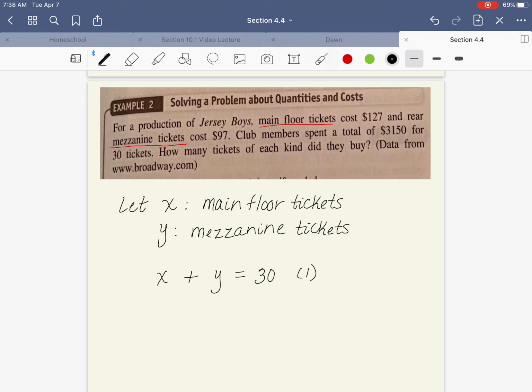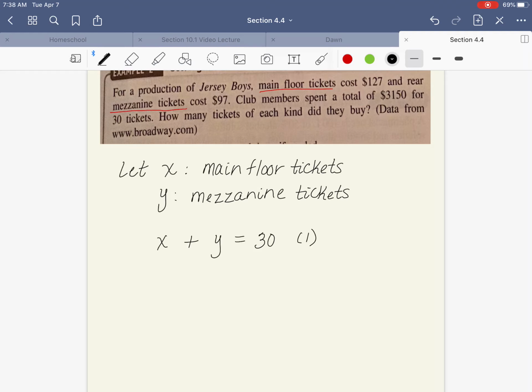So that gives us one equation. Now we're going to put in the cost for each. So the main floor tickets are $127, so I'll write 127x. And the mezzanine tickets are $97, so I'll write 97y. And the total cost will be $3,150.